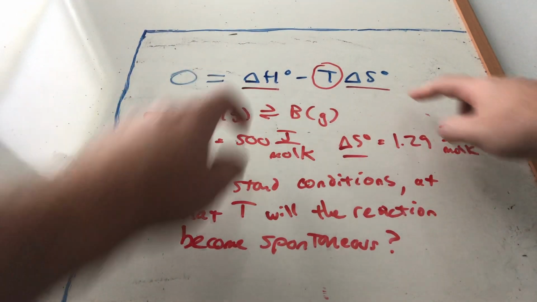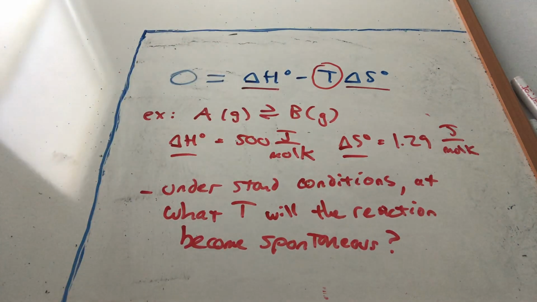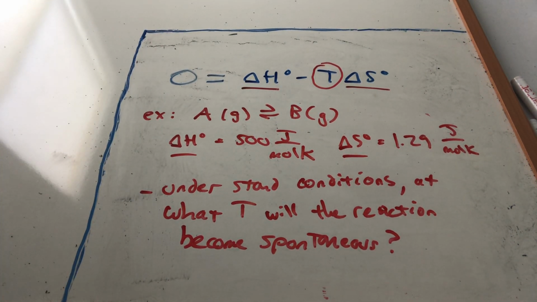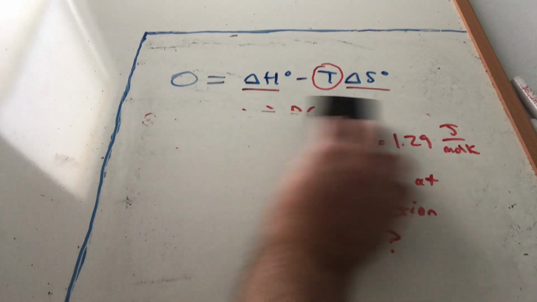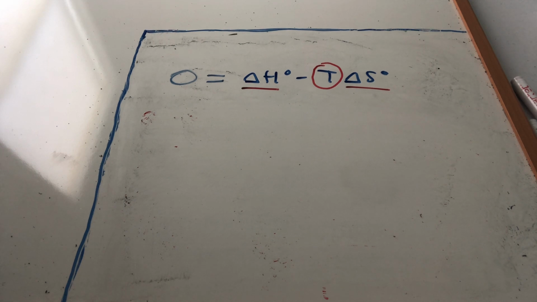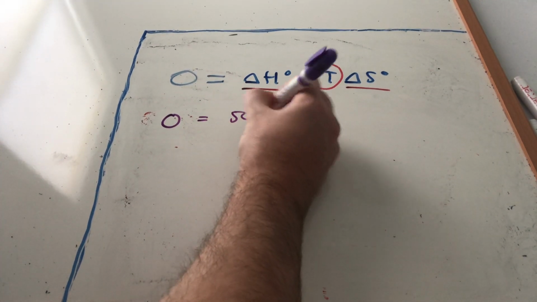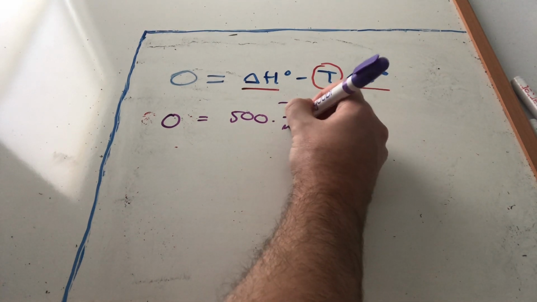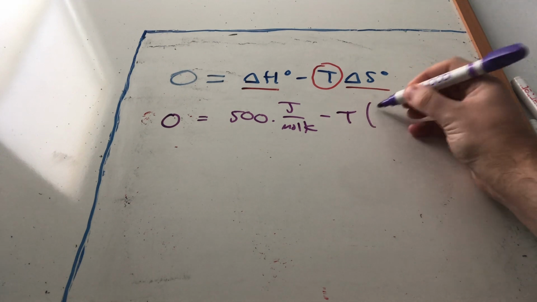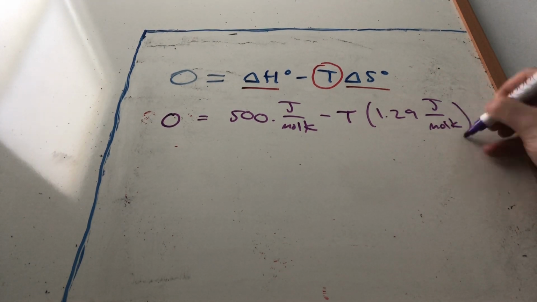You do the sign analysis and you say, okay, let's figure out where it's at equilibrium, and then what do I have to do with the temperature to make it negative? So let's throw these numbers in here. What we have with this example is 0 is equal to 500 joules per mole minus T times 1.29 joules per mole Kelvin.